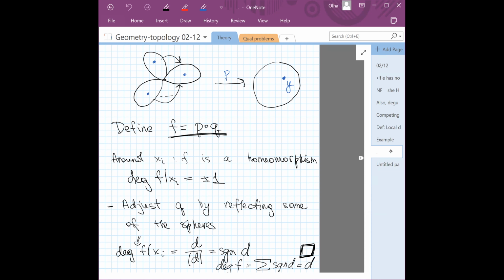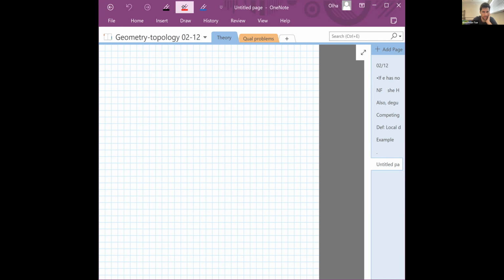Like a continuous map? Yeah, continuous. I feel like that would violate compactness somehow. Oh, that's a very good point. Yeah, it seems unlikely. Okay, let's do more stuff.